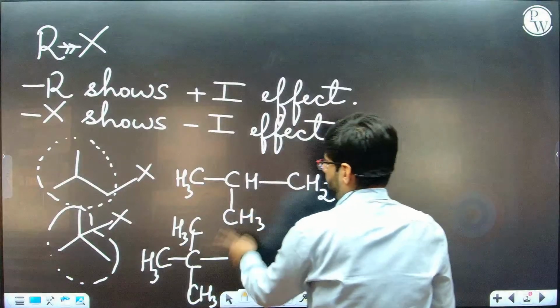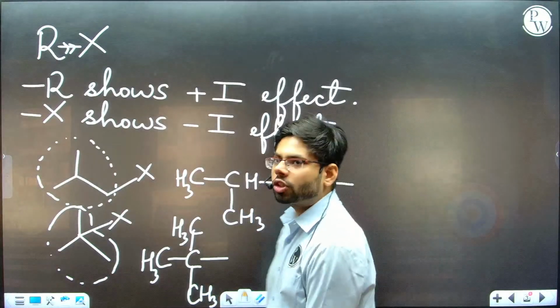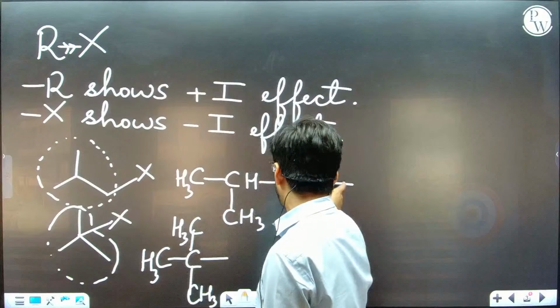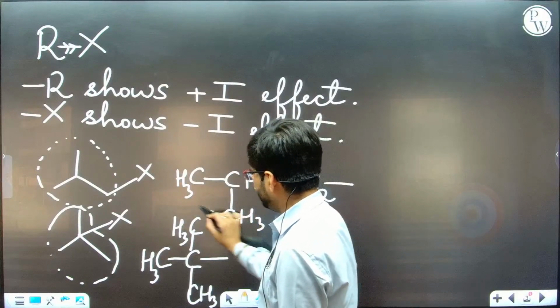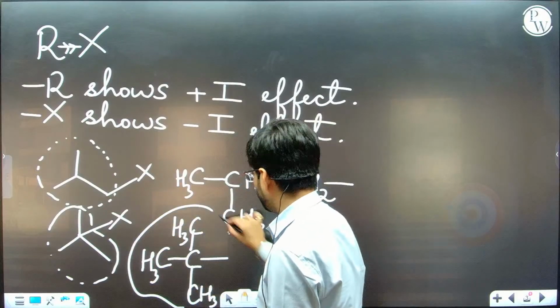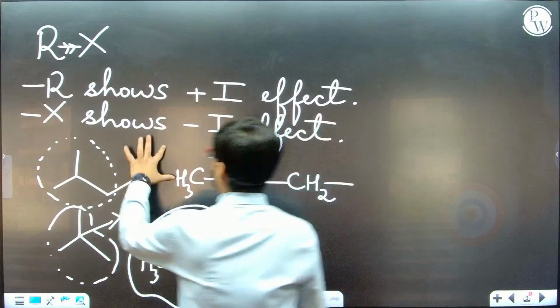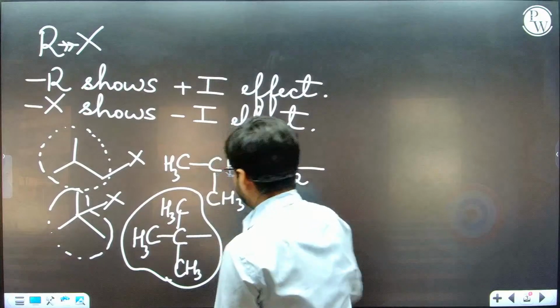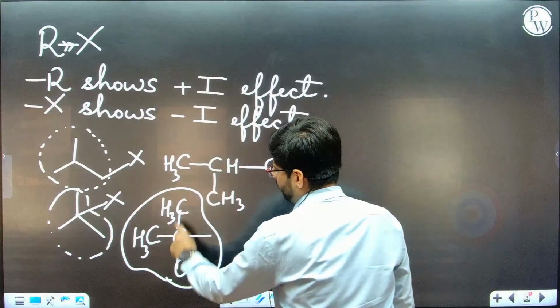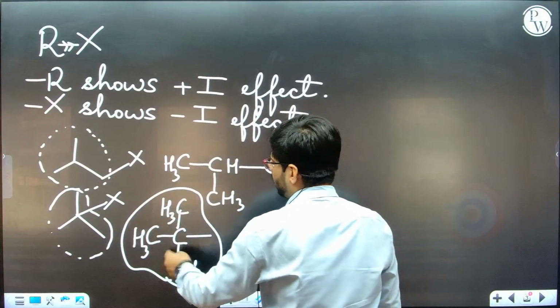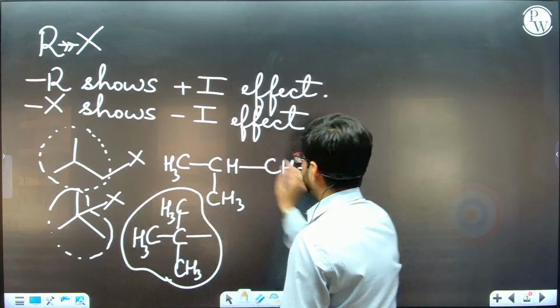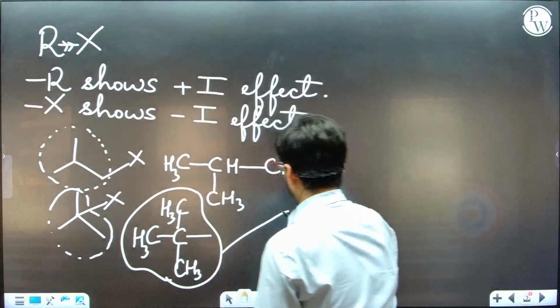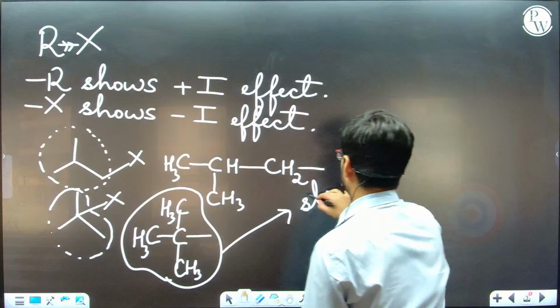Now see, if I ask you which is having a stronger plus I effect, this group or this group, so we'll say this group shows a stronger plus I effect because here branching is more, this is more bulky. Clearly it is visible, this carbon has 3 branches coming out of it. So this group is more bulky than this group. So this group will have a stronger plus I effect.